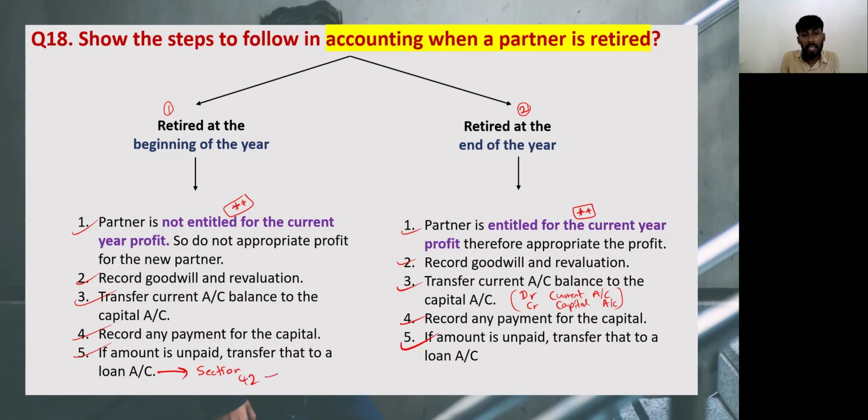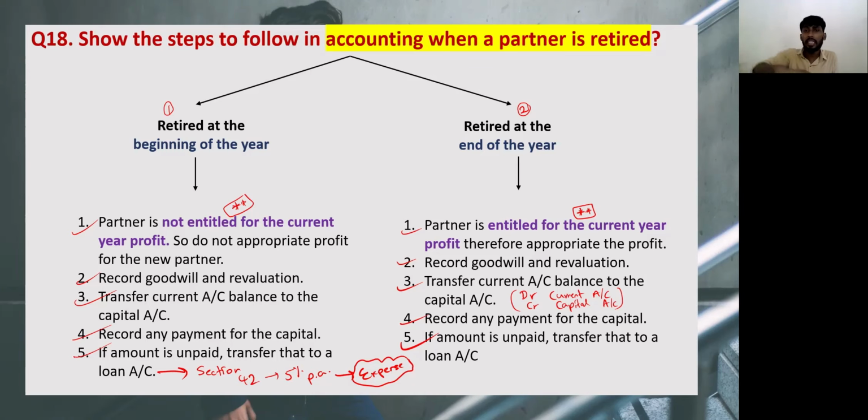Section 42 says a maximum of 5% per annum interest needs to be paid. Therefore, this interest needs to be recognized as an expense when calculating the profit. So when calculating the appropriatable profit, we need to consider that also as an expense. Please keep that in your mind.